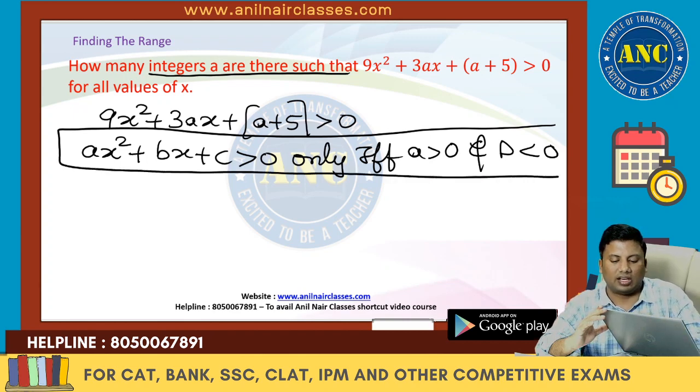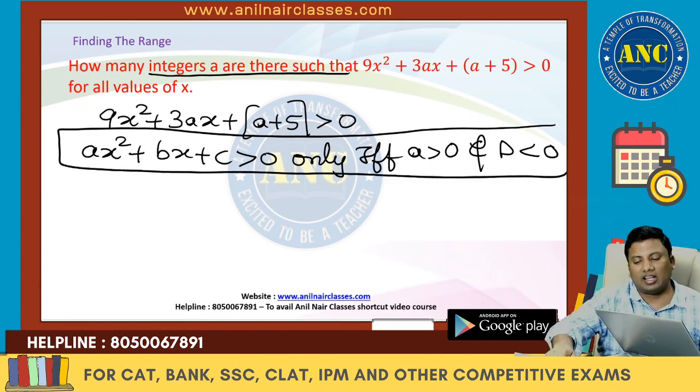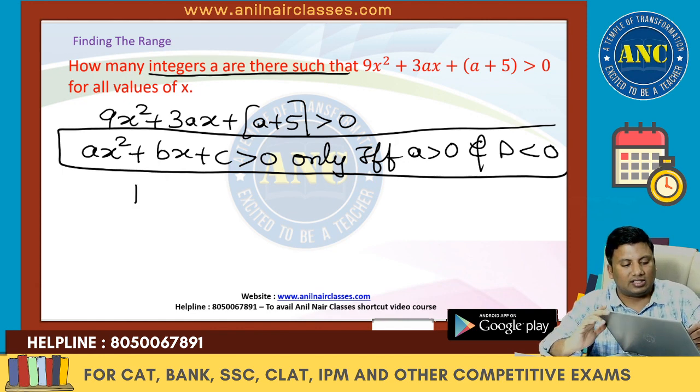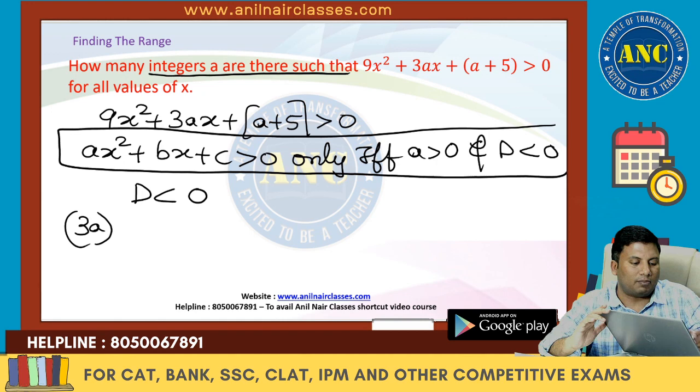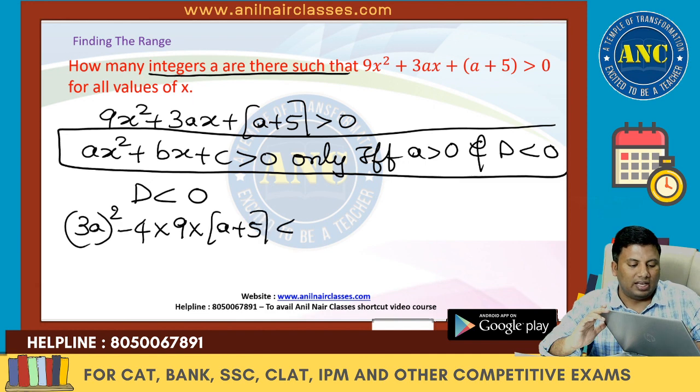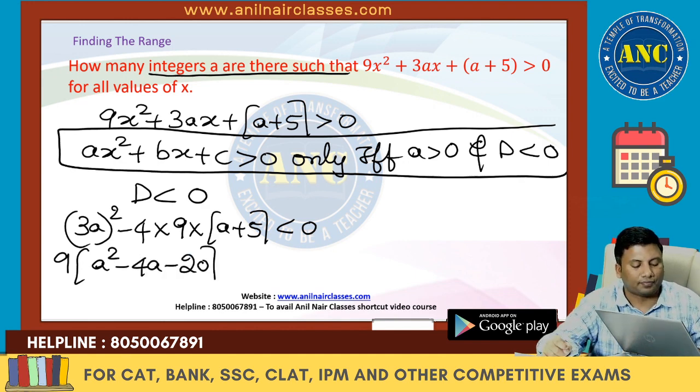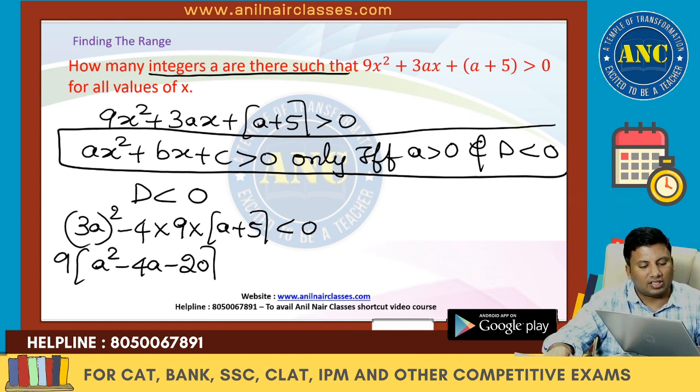Discriminant less than 0, b square minus 4ac: 9a square minus 4 into 9 into (a plus 5) is less than 0. If I take 9 common, a square minus 4a minus 20 is less than 0.